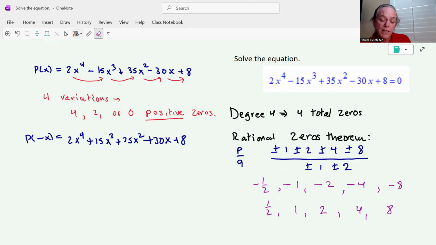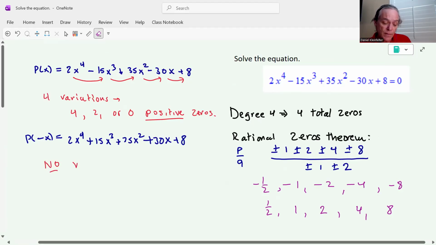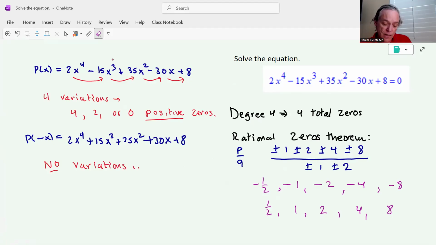Now if you take a look at that, the coefficients of all of the terms in this polynomial are all positive, and so there are no variations in sign. Since there are no variations in sign, that means that there's going to be no negative zeros.